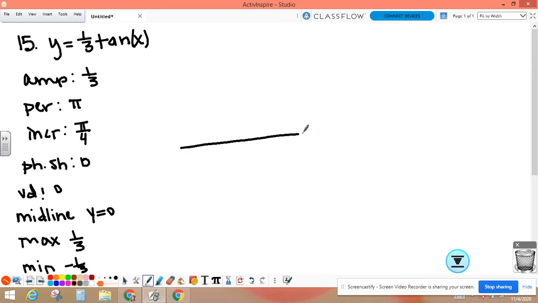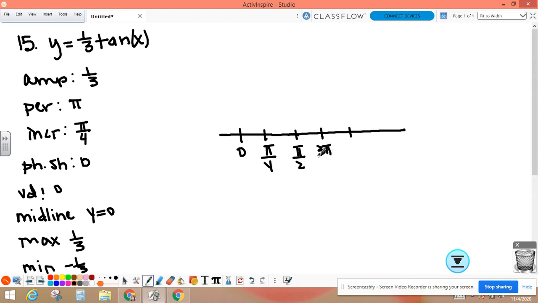So when you go to make your graph, here's my x-axis, which is extra straight. Let's see if I can make it a little better. All right, so we're going to start with 0. And then we need 1, 2, 3, 4 more. And so counting by pi over 4, that would be pi over 4, 2 pi over 4, which is pi over 2, 3 pi over 4, and 4 pi over 4, which is just pi.